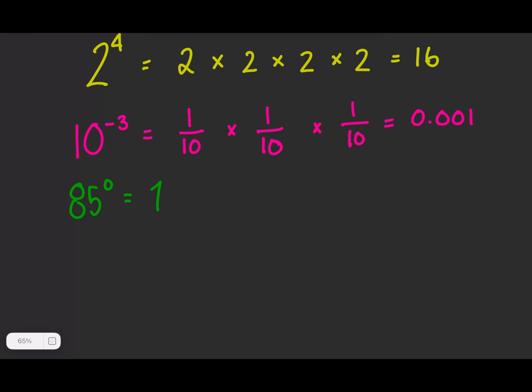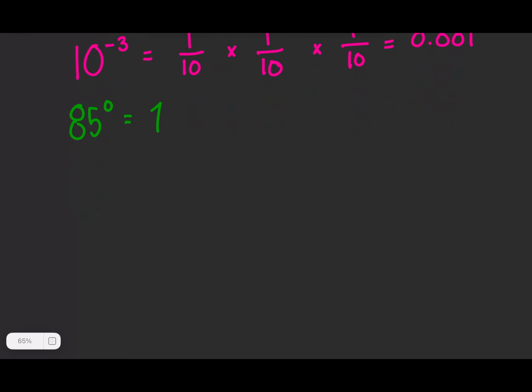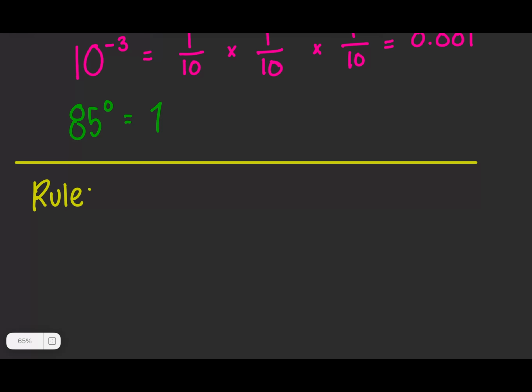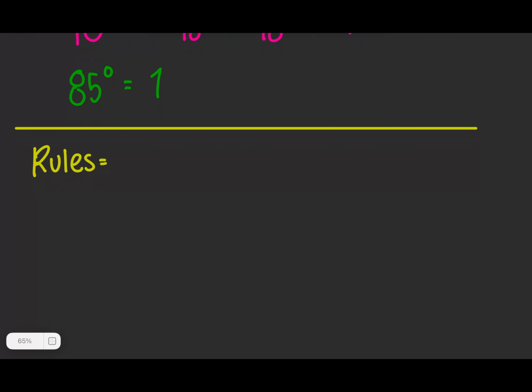So let's talk about some rules of engagement when it comes to working with exponents. When you're working with the same base, usually base 10 in biotech, we can use these shortcuts. In multiplication, we're going to use what's called the product rule.